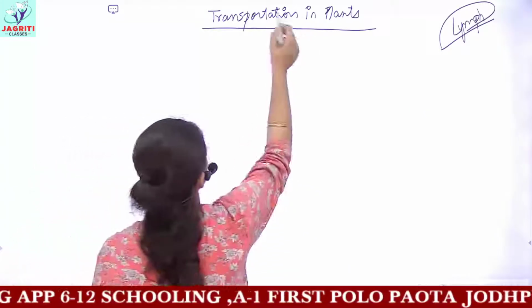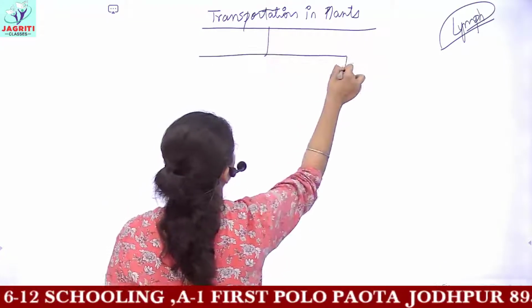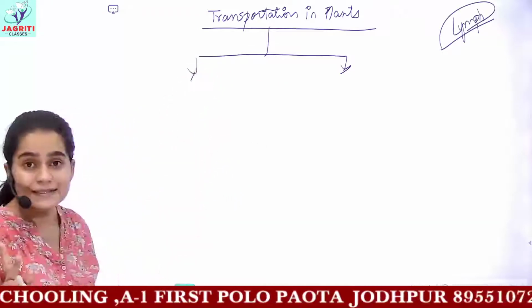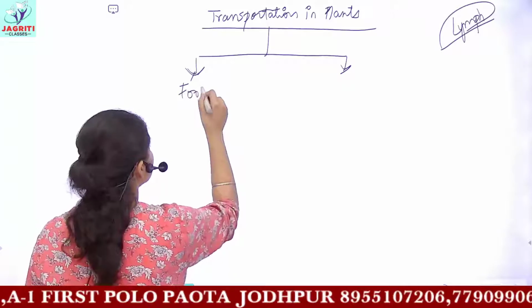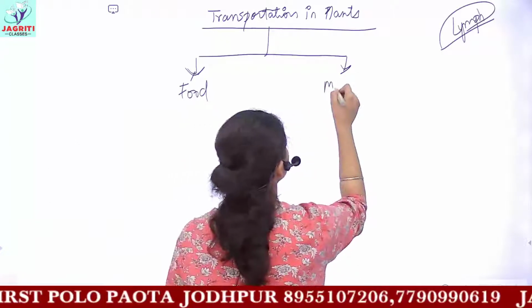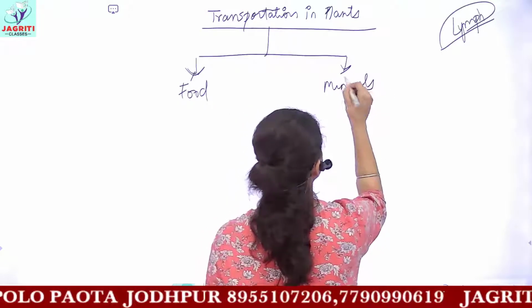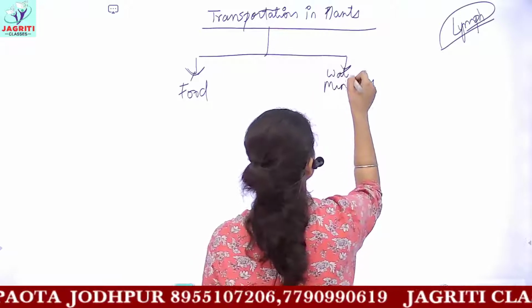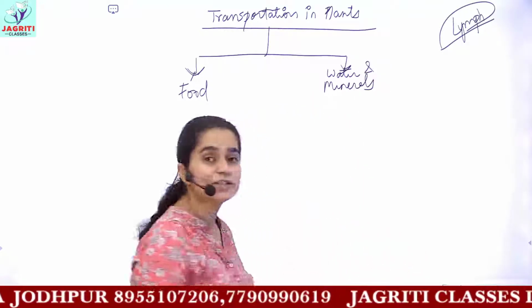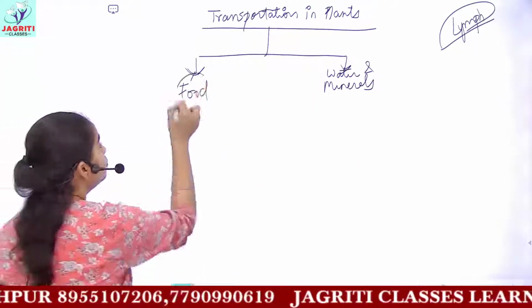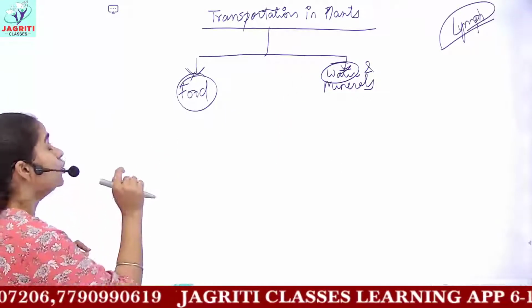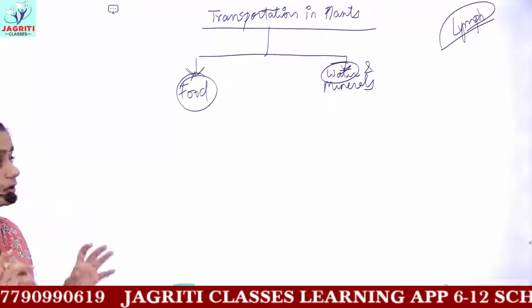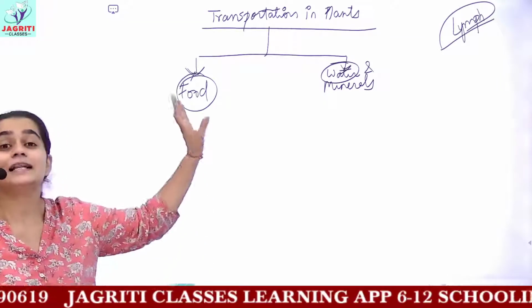So transportation in plants: you need to transfer two things in plants. The main two things are food, and then water and minerals, the minerals which are dissolved in water. So food and water are the two things which need to be transported in plants. You have already done this as a brief idea in class 9th.